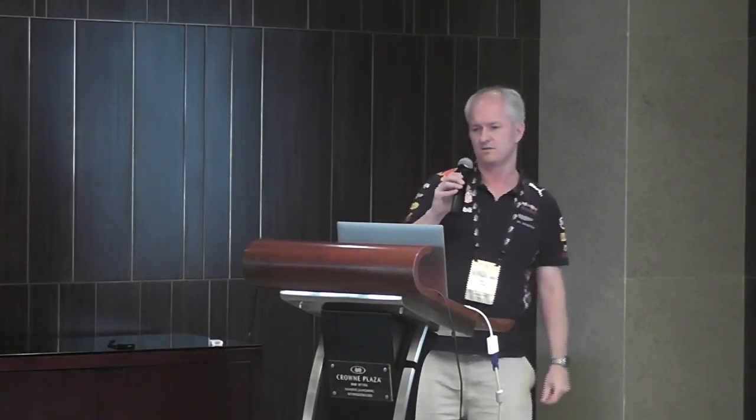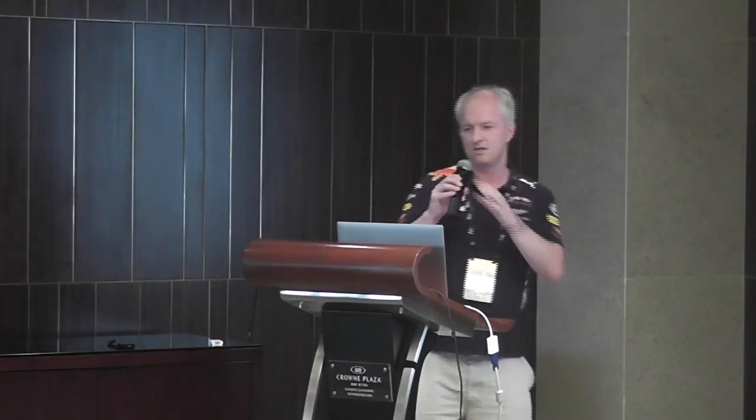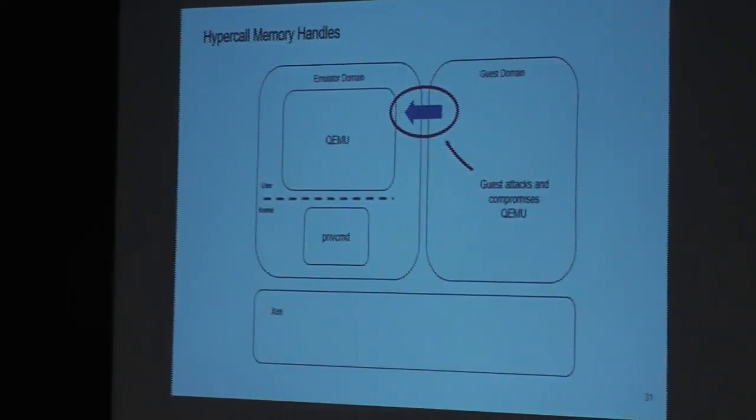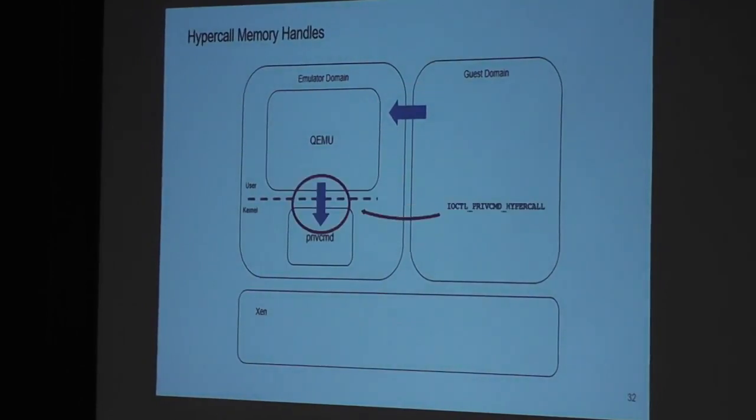So memory handles are the first one. The hypercalls that QEMU makes are typically issued by the privcmd driver, which is the kernel driver in Linux. We'll assume that QEMU has already been compromised.